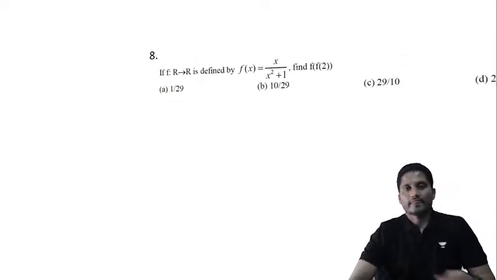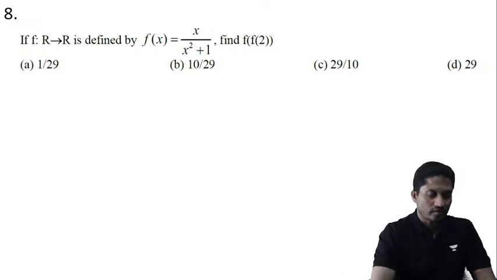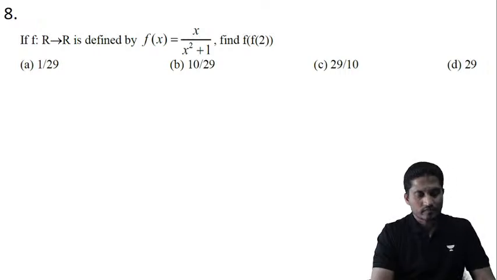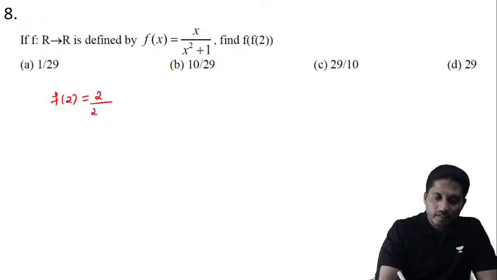Right? Question number 8. I am supposed to find out what is f of f of 2. Okay, now if I want to find out f of f of 2, first we'll find out f of 2. F of 2 is equal to 2 divided by 2 square plus 1, right?